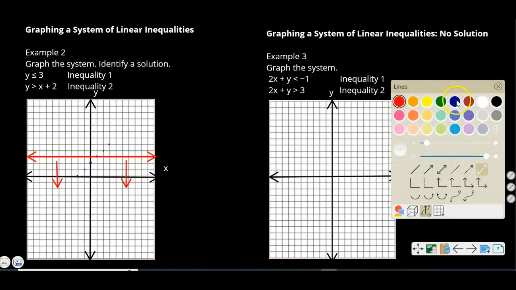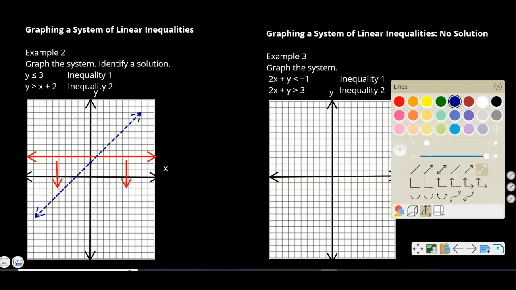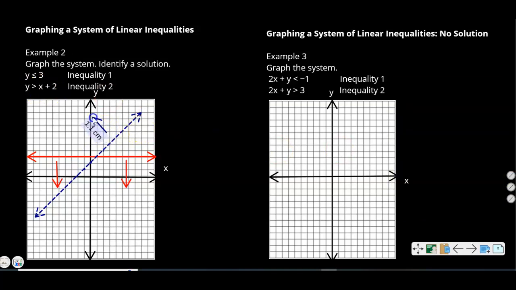All right, let me change the color here. All right, so that's going to represent the second inequality, and this one we want to be greater than, so we're going to do above. Greater than means it's going above. All right, so what we need to do is find the solution of the system.